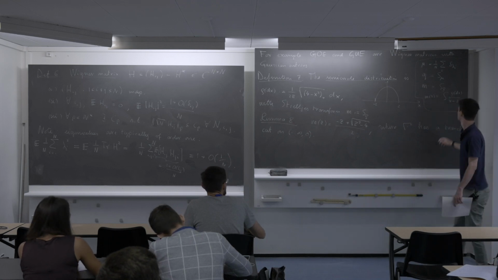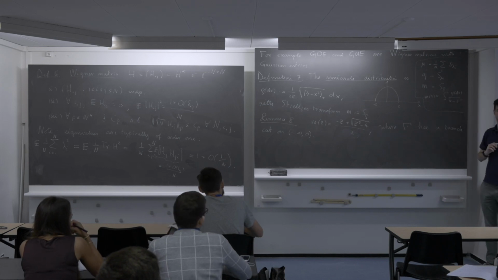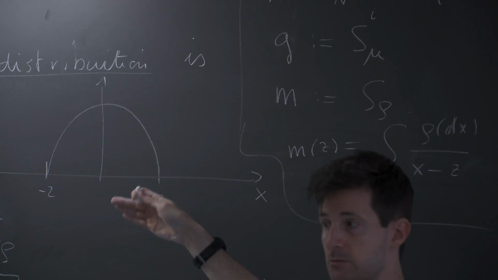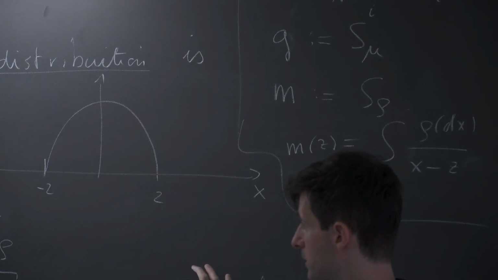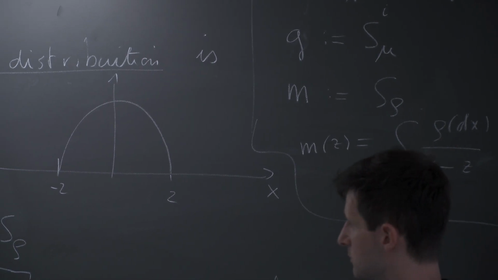And that makes sense if you recall the definition of the Stieltjes transform. The Stieltjes transform is well defined everywhere except on the support of the measure, and the support of this measure is precisely the segment minus 2, 2. So this is at least coherent with the definition of the Stieltjes transform.